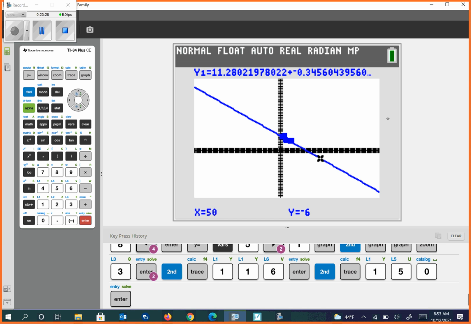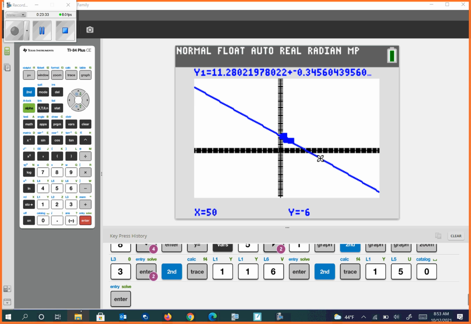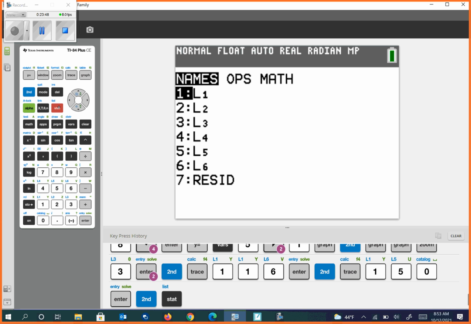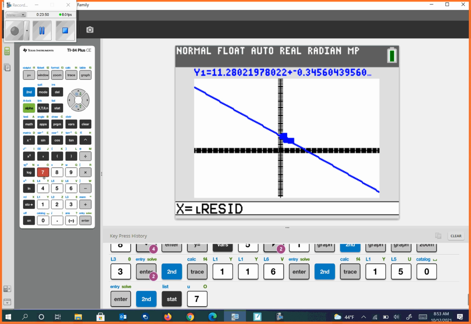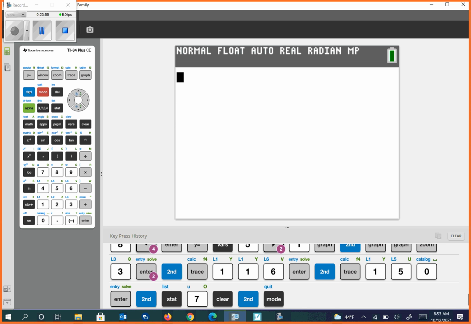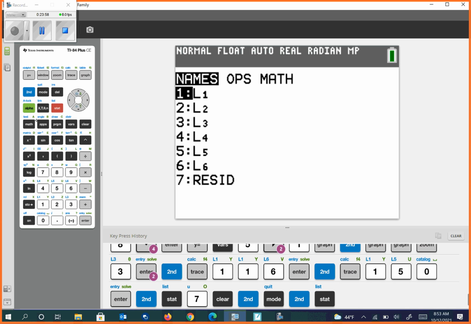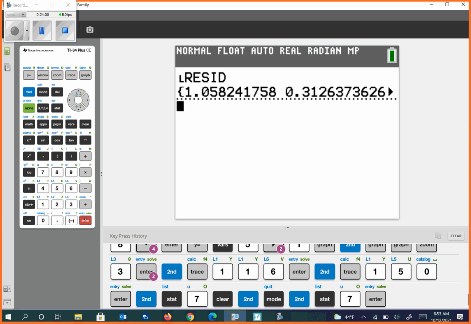Okay, so the calculator calculates the residual every time you use the linear regression function. The calculator stores these residual values in a list called RESID. This list can be found using second list. All right, so second list. Oh, number 7. Oops, clear. Second list residual here. That's great. It points it here. And now here's something you can do.